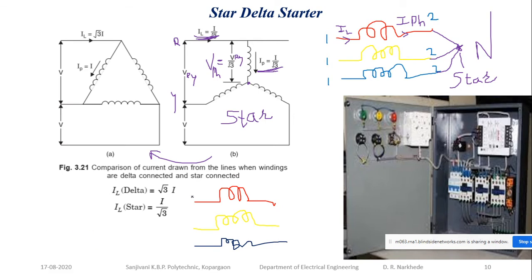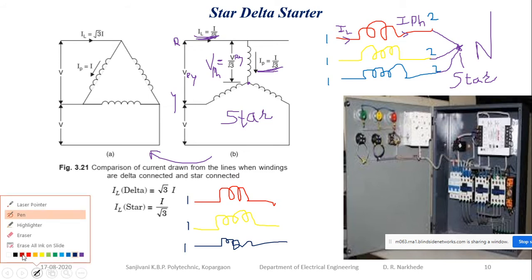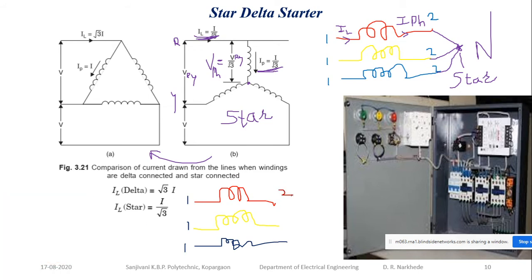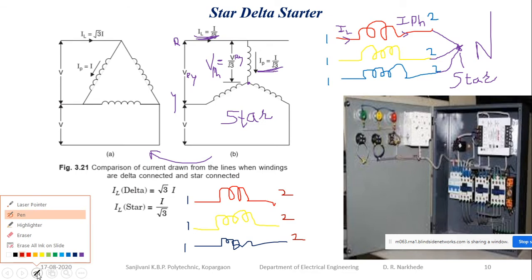Now these are the starting terminals. 1 1 1 represent my starting terminals, and 2 2 2 represent my finishing terminals. So each winding has two terminals.